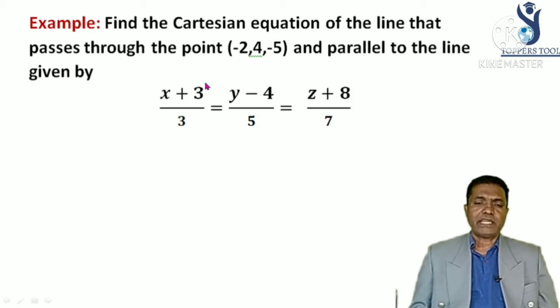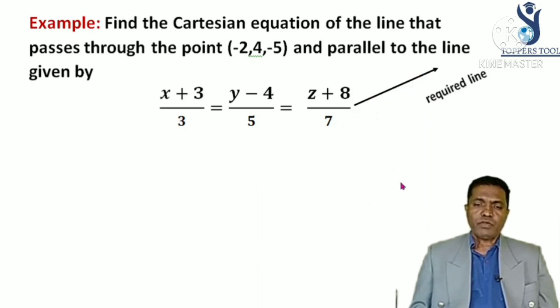You are given this line, which means your line has to be parallel to this line and pass through this point. So this is your given line. Can you tell me what the direction ratios of this line are? The direction ratios of this line are 3, 5, 7.